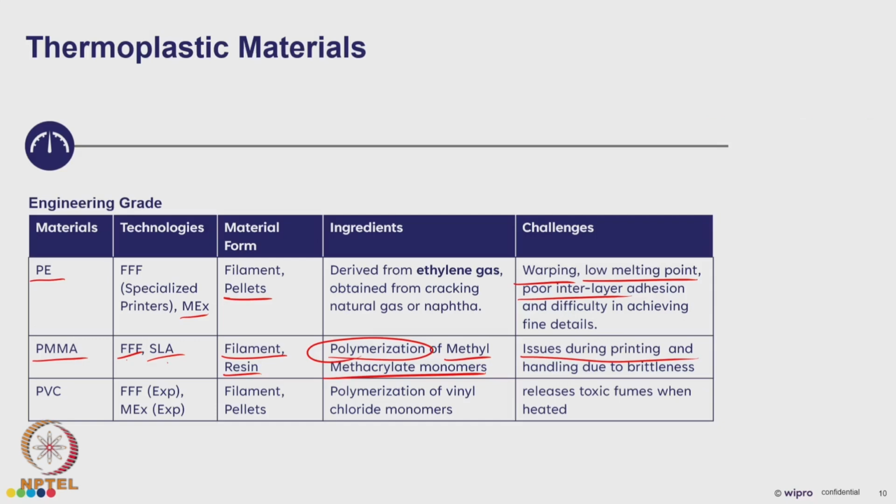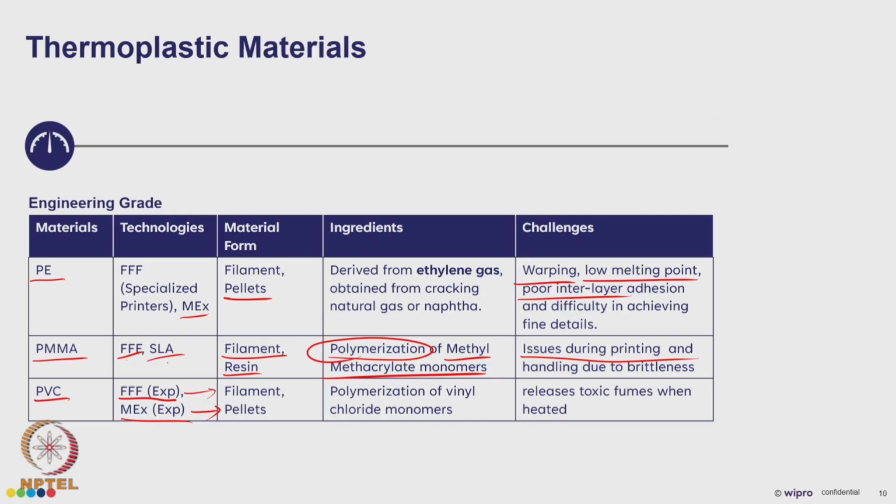And the next material we have here is PVC. PVC is a material which is very experimental. It is not available very commercially. In FFF it is experimental, and in the case of material extrusion also it is experimental. In material extrusion we use pellets, and in FFF we use filament as the raw material form.